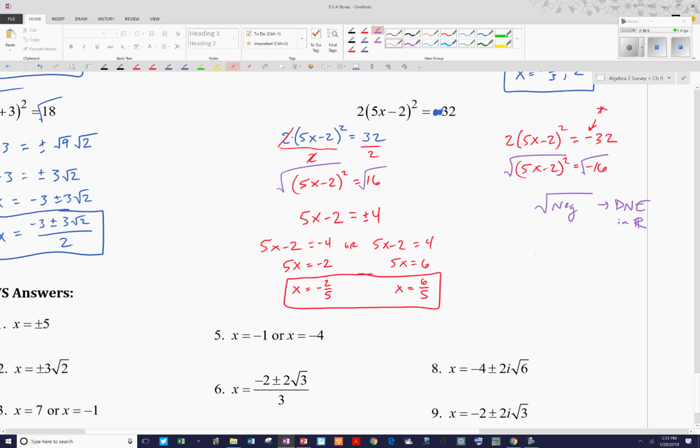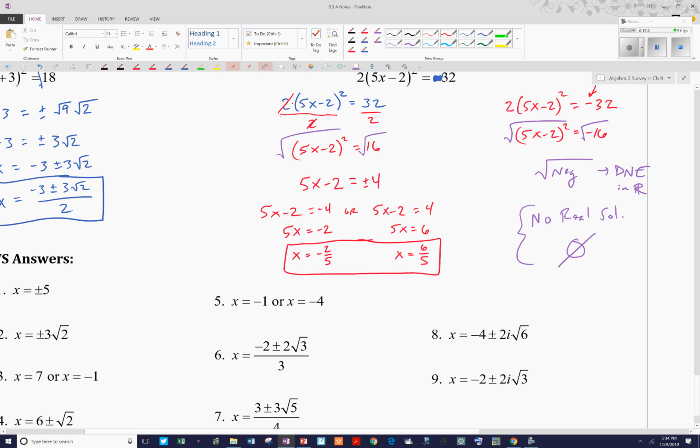So there is no real solution here. There's no real solution, or we could do that empty set symbol as well. On your worksheet, anytime you're going to take the square root of a negative, you can just say there's not going to be a real solution, and write either one of those. Either one of those is okay.